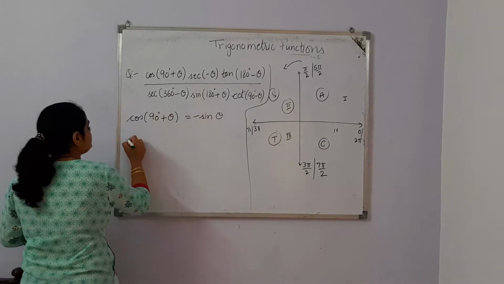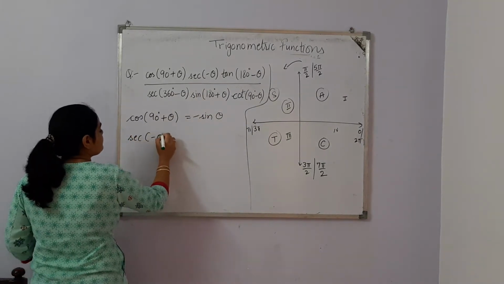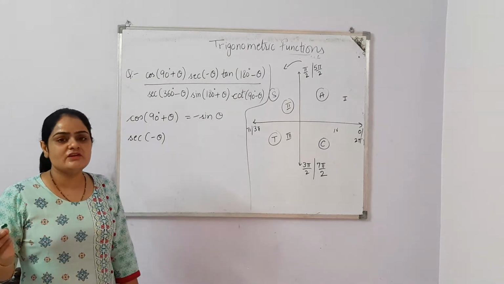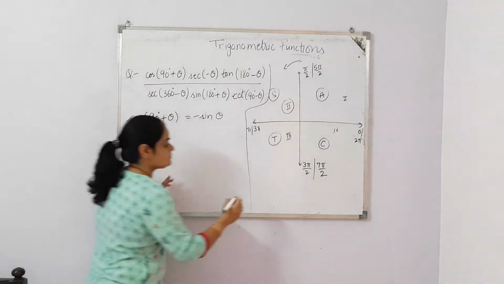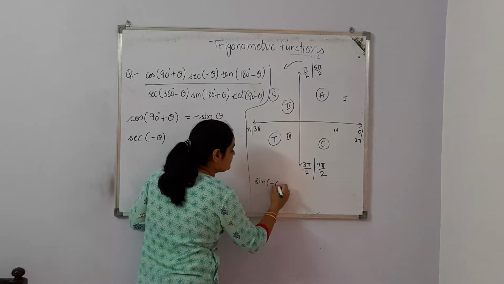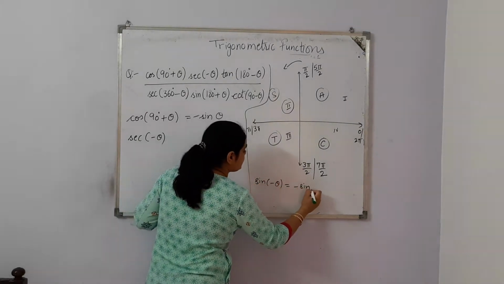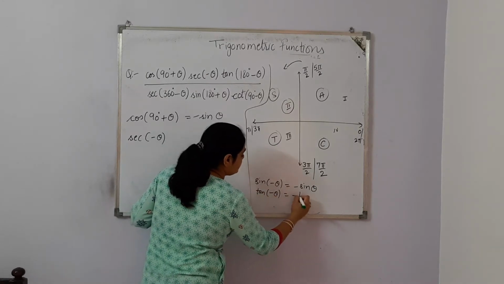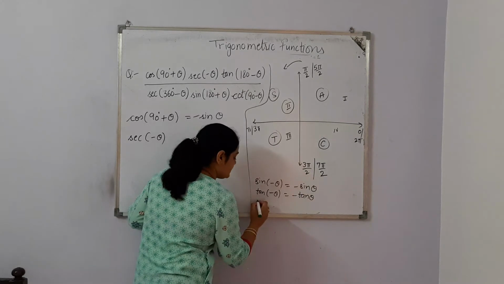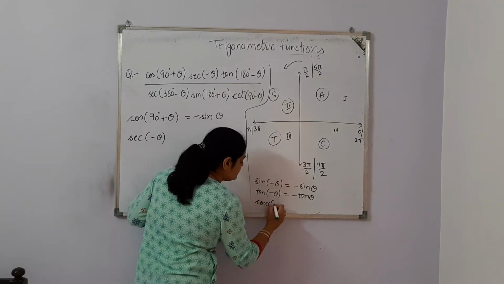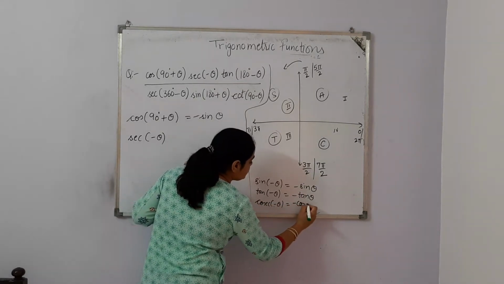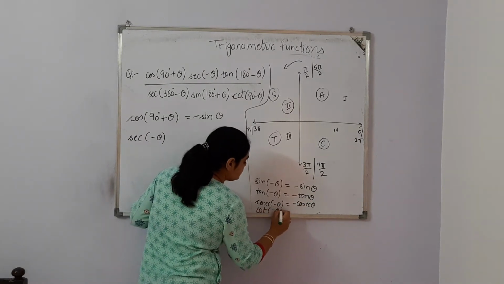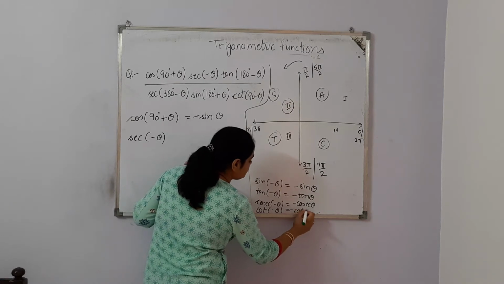Now the next is secant of minus theta. In my previous videos, I already told you that sine of minus theta is minus sine theta, tan of minus theta is minus tan theta, cosecant of minus theta is minus cosecant theta, and cot of minus theta is minus cot theta.